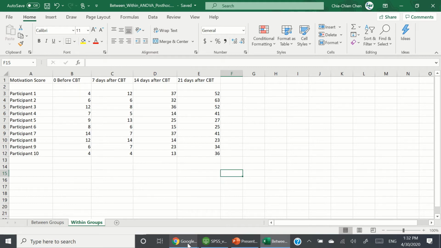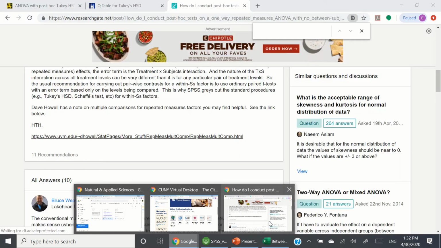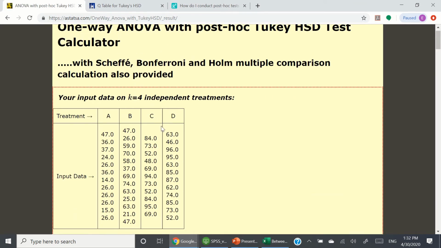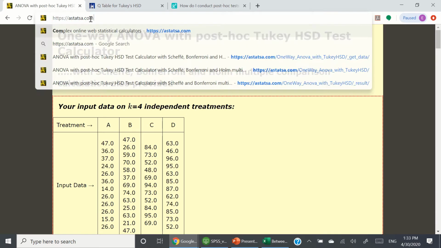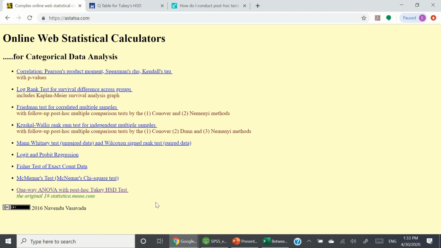Unfortunately, I don't think you can do this in ASTATS because when you look at this, I don't think there's a way to do it. Let me see.